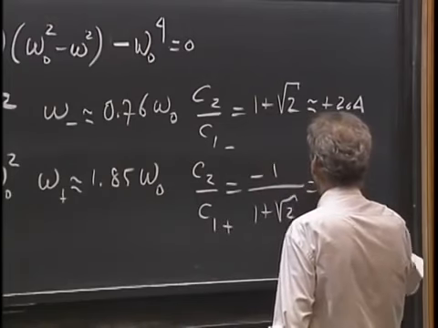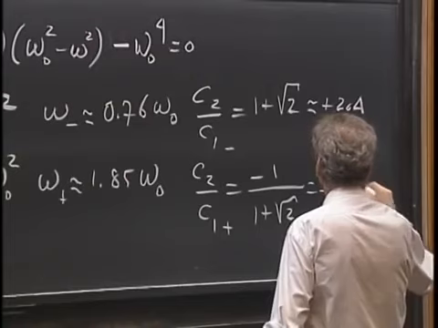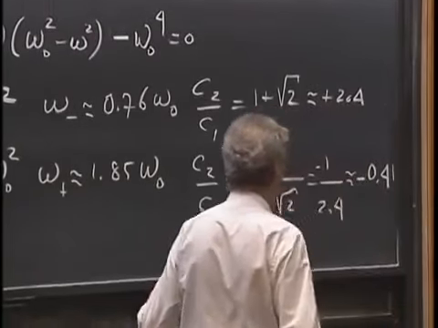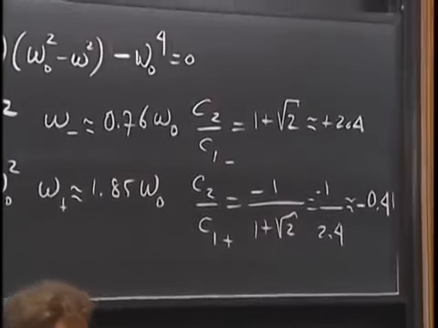So it's going to be minus 1 divided by 2.4, roughly minus 0.41. So those are the formal solutions for the normal modes.